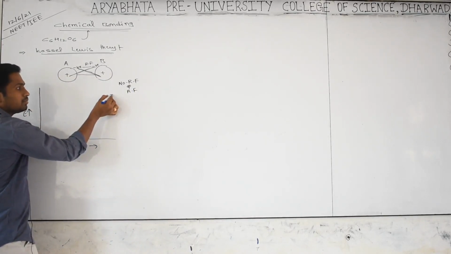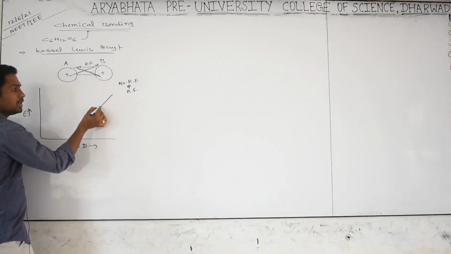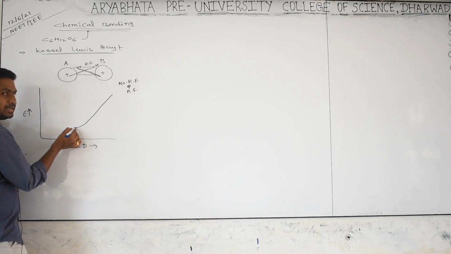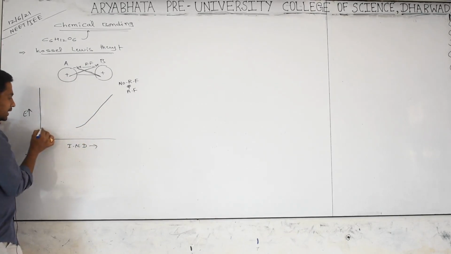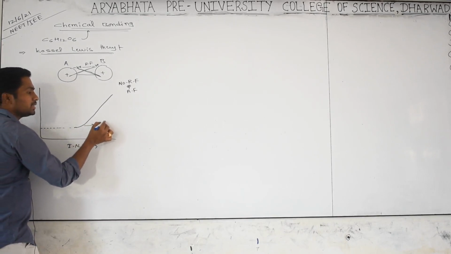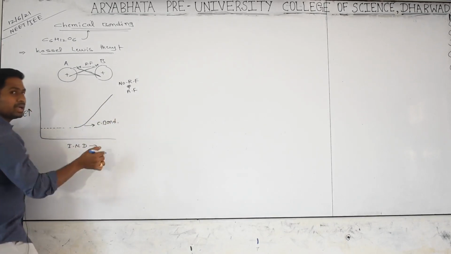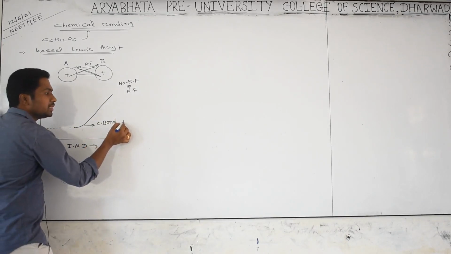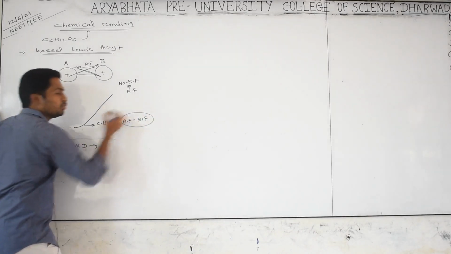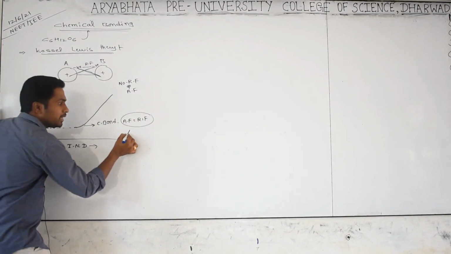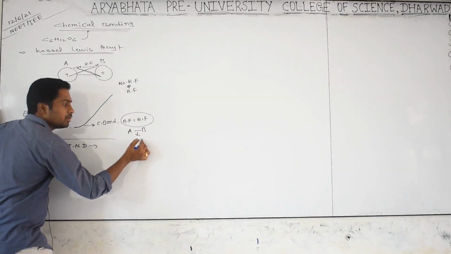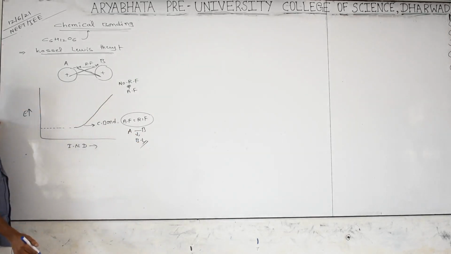Now those atoms approach each other, then gradually the energy decreases, becoming least. At that situation we can understand a chemical bond has formed. A chemical bond is formed when between the two atoms the attractive force is balanced with the repulsive force. Then whatever internuclear distance is there between the two atoms, that only we are calling bond length.